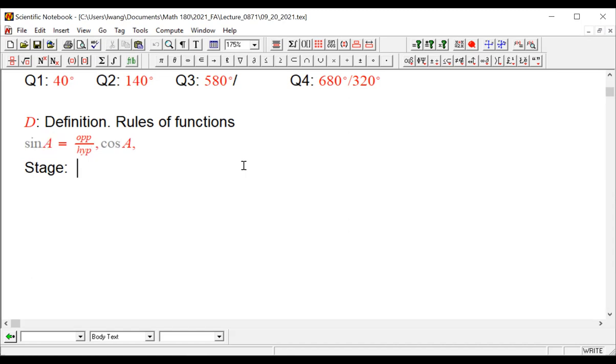Which angle? Angle is A, right? For example, if you have a right triangle ABC, C is the 90 degree angle, so A could be any of the other two acute angles. So sine of angle A is the ratio, which is a fraction whose numerator is opposite over hypotenuse. Opposite of what? Opposite side to angle A, over the hypotenuse of that right triangle.